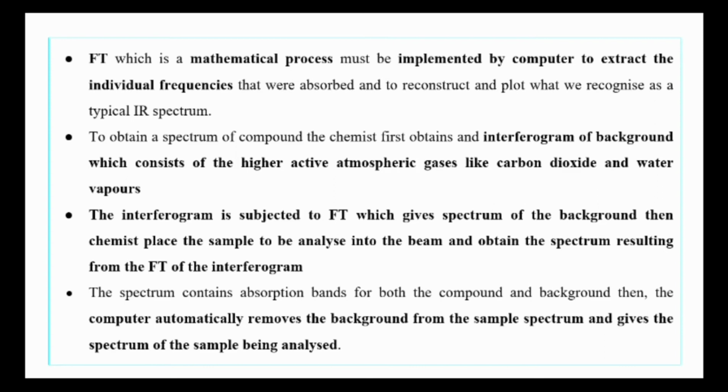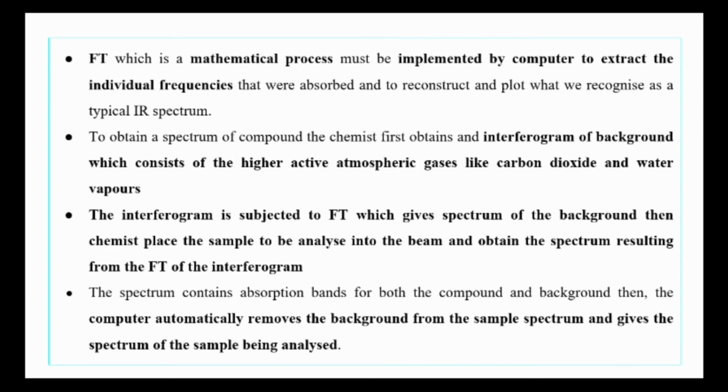To obtain a spectrum of a compound, the chemist first obtains an interferogram of a background, which consists of IR active atmospheric gases like carbon dioxide and water vapors. The interferogram is subjected to FT, which gives the spectrum of the background. Then the chemist places the sample to be analyzed into the beam and obtains a spectrum resulting from the FT of the interferogram.